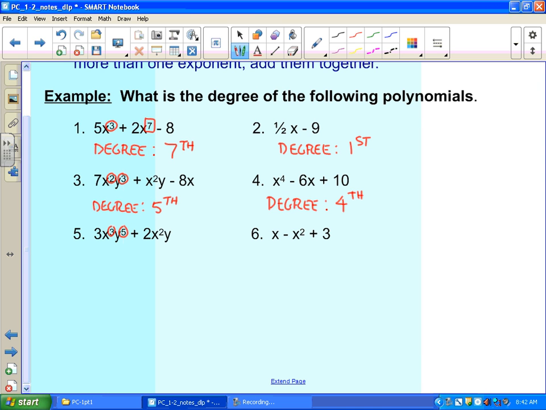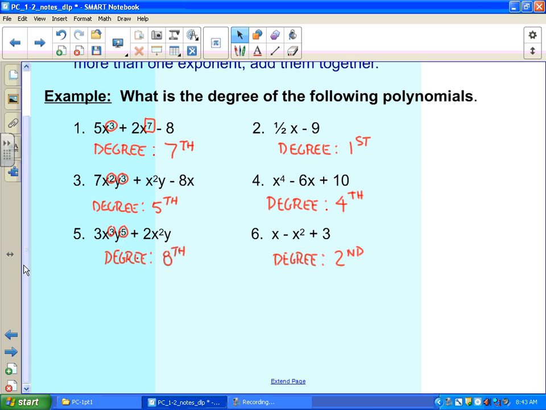So we have an 8th degree. Number 6, 2, which is called quadratic. And later on, we'll figure out how the degree helps me understand the shape of the graph, the end behavior, and what's going on in between the intercepts.